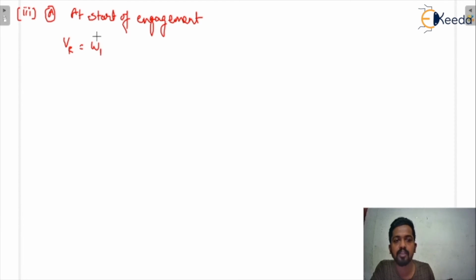If omega 1 is the angular velocity for the gear, then omega 1 r, and if omega 2 is the angular velocity for the pinion, then omega 2 into r, that would be the same rolling velocity. And we know this is the pitch circle for the gear and the pitch circle for the pinion, and there is a pitch point here, and there is a line of action. The engagement period starts from k and ends at l.